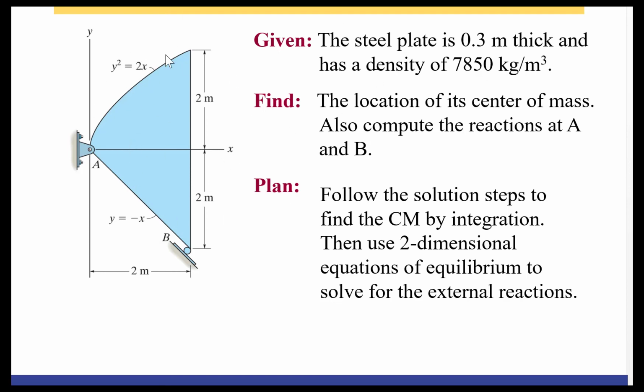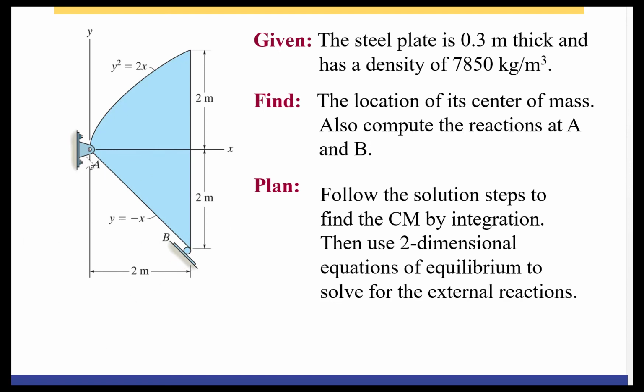Now after we do that, the problem becomes easy, because to calculate the reaction at A, we have two unknowns, x and y, and here we have one unknown, which is normal, right?